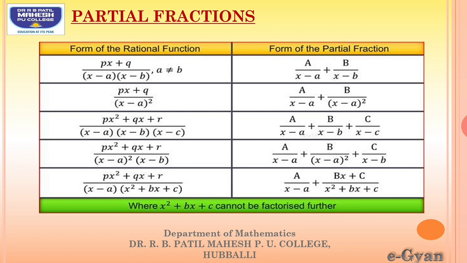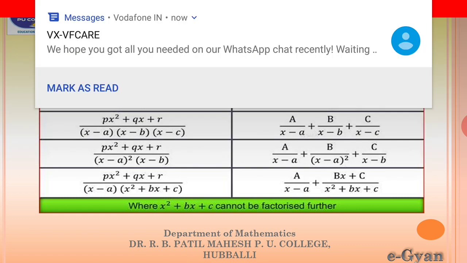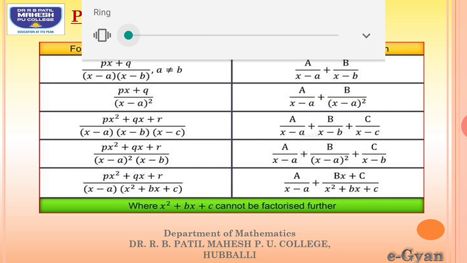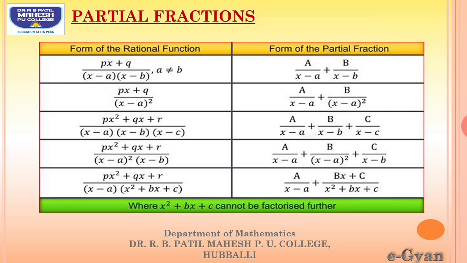In this fourth form, the numerator is px square plus qx plus r, and the denominator is (x minus a) whole square into (x minus b). So this equals A by (x minus a) plus B by (x minus a) whole square plus C by (x minus b). Here the first factor is repeated, so you apply the second form, the second method, and the next one is the linear factor.